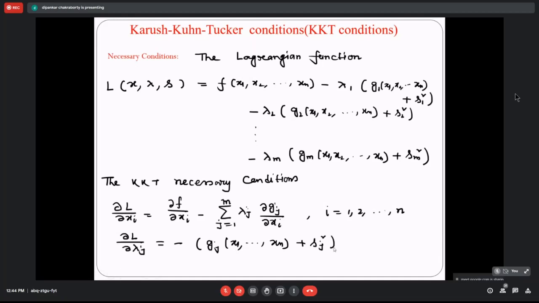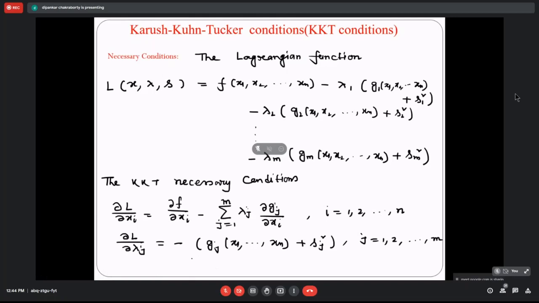Right or wrong? Similarly, this is going to be true for j equal to 1 to m.